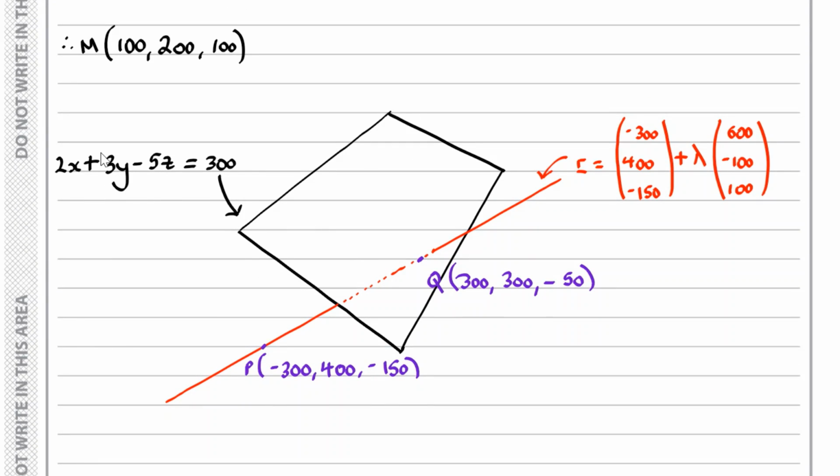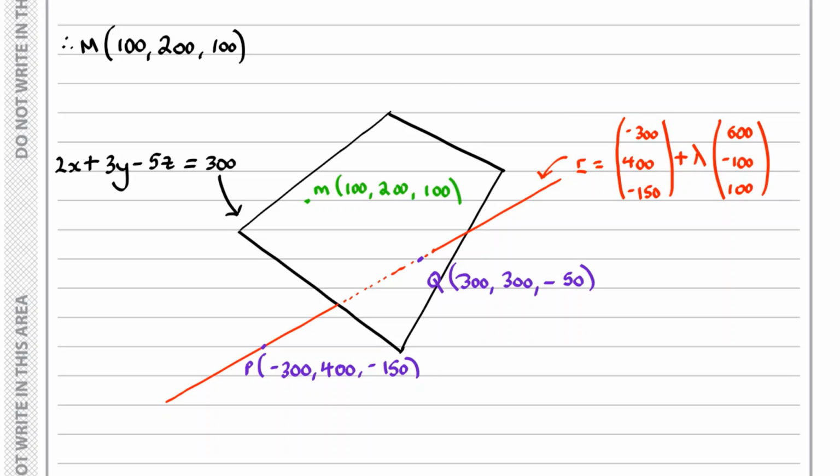So we've got our plane that's shown here. We've got our line that's shown in red, and then we've got the coordinates of P and Q, and we've got this point M. M here has coordinates 100, 200, 100. M lies on the plane, and we want to find essentially the shortest distance from M to the line.